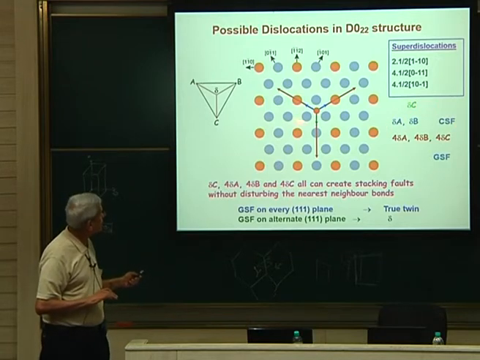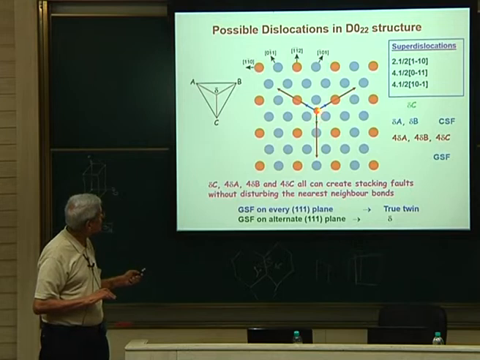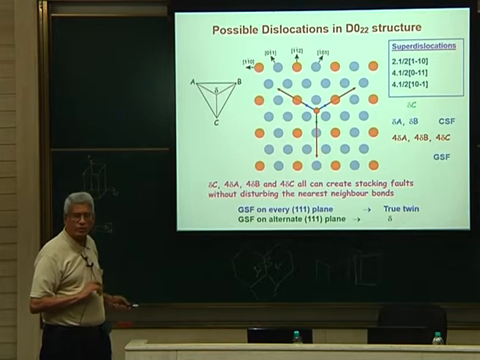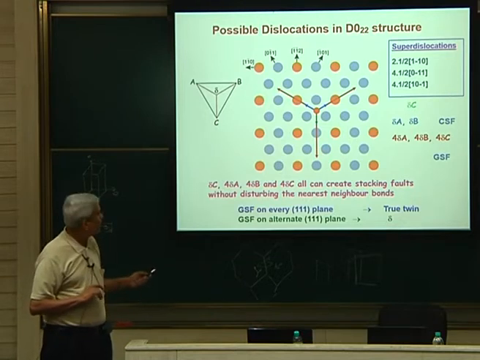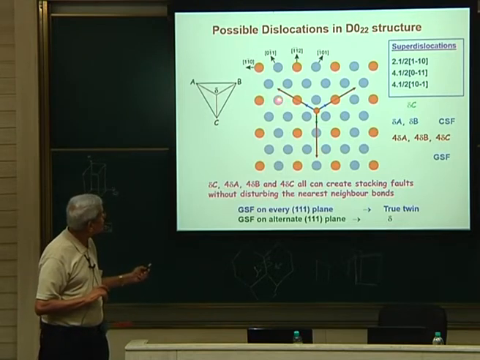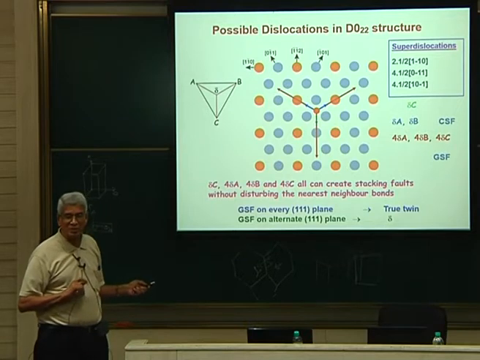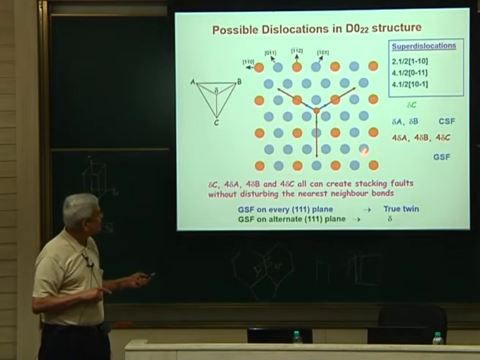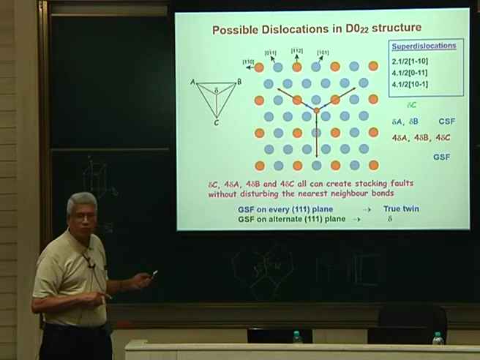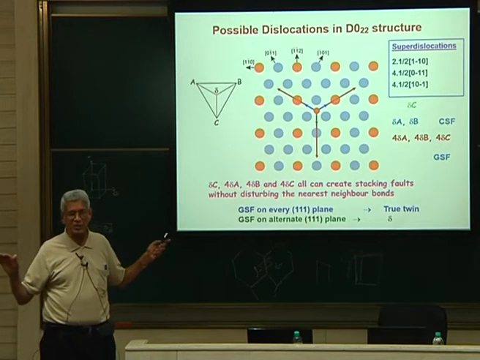In this particular alloy system, if I move this atom from here up to this position also, it will create a geometric stacking fault. And from here, if I move it, it has a threefold symmetry, so it maintains order. So all of them, whether 4C delta, 4 delta C, 4 delta A or 4 delta B, will create a geometric stacking fault.